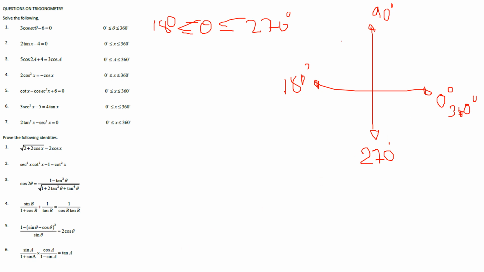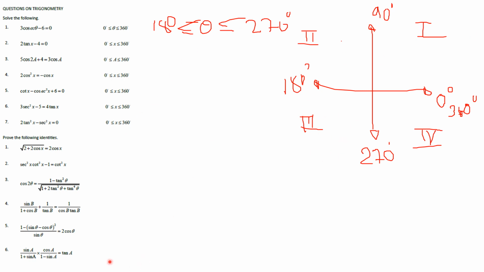So this is the first, second, third. I can see on these questions that theta is an element between 0 and 360, and 0 to 360 is actually all quadrants.